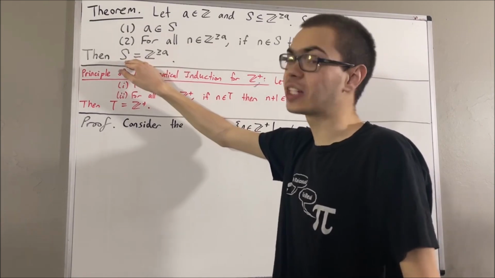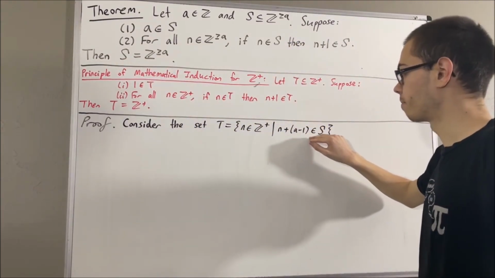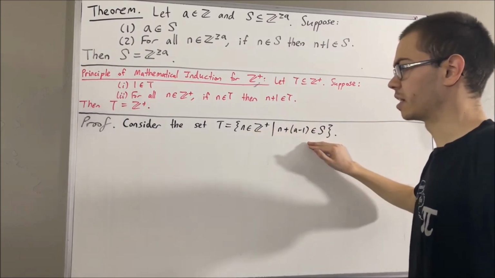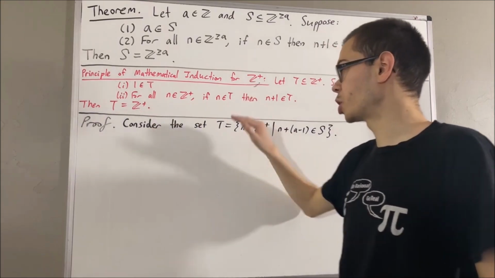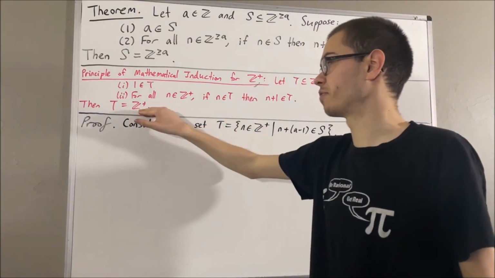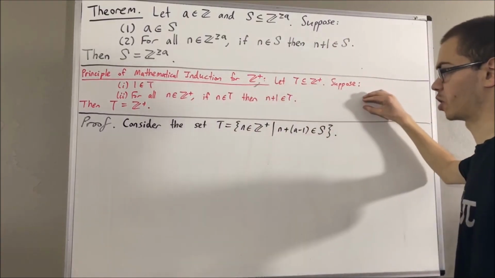If we translate the elements of S like this, then we expect this set to be equal to the set of positive integers. And so we are going to show that this set is equal to the set of positive integers by applying the principle of mathematical induction for the positive integers.